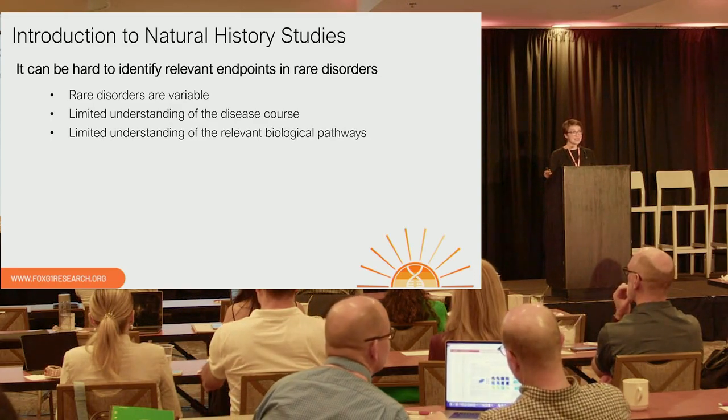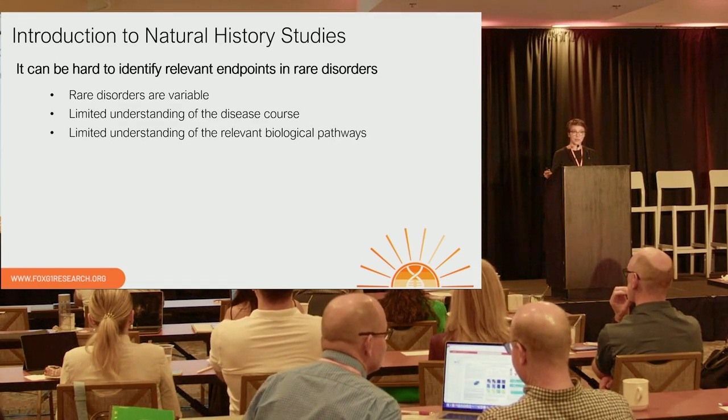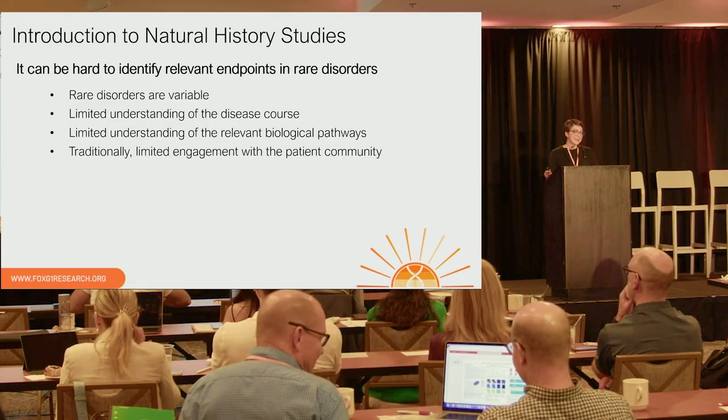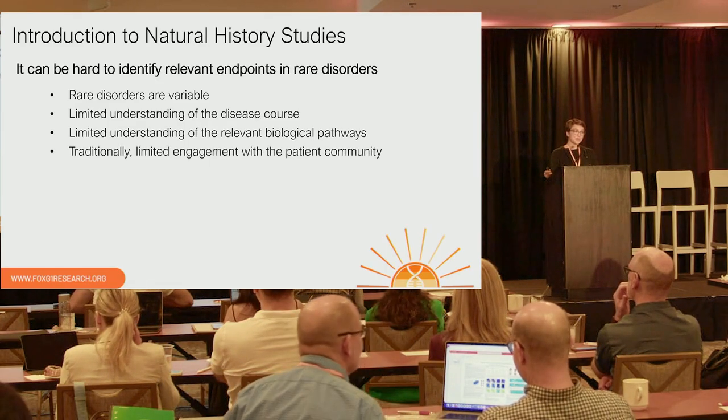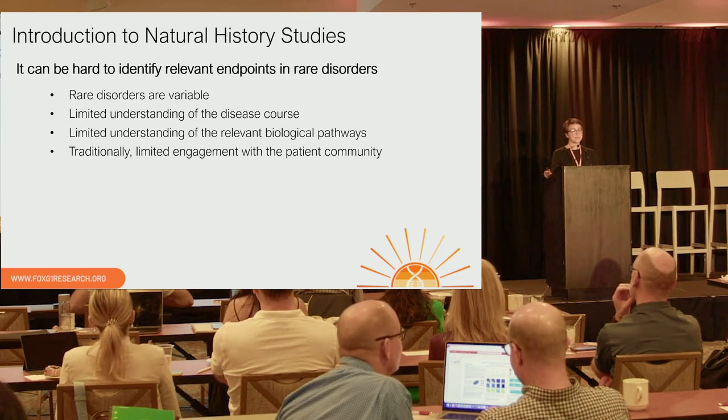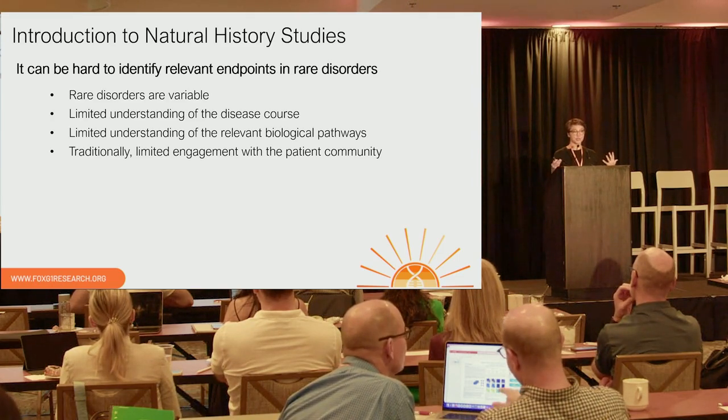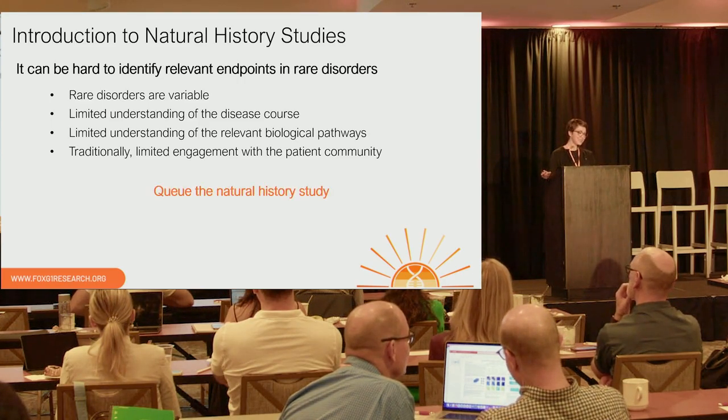There can often be limited understanding of the biological pathways. And traditionally, there is limited engagement with the patient community. And so, this challenge of wanting to make sure we're changing the things that the community cares about can be really difficult to do if we're not engaging with that community.